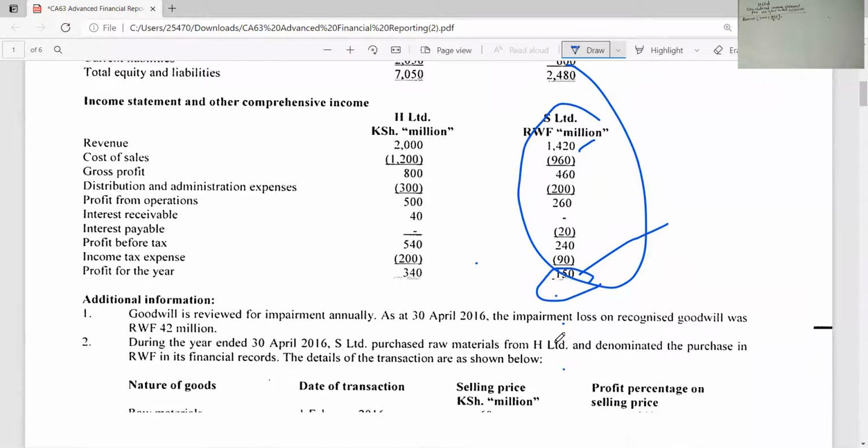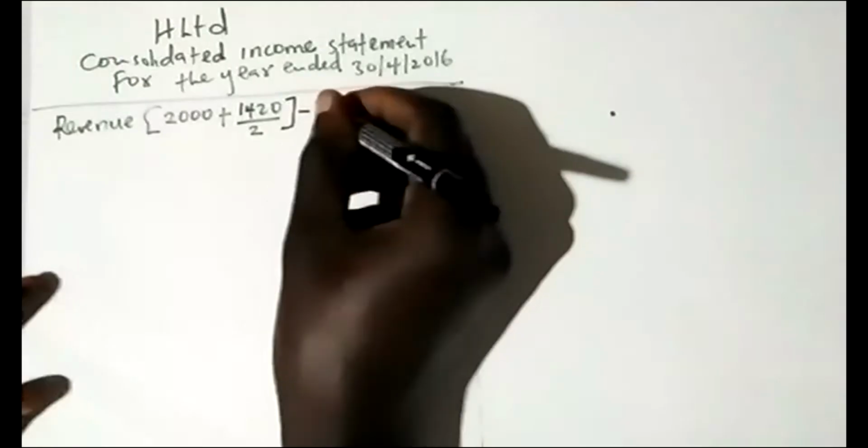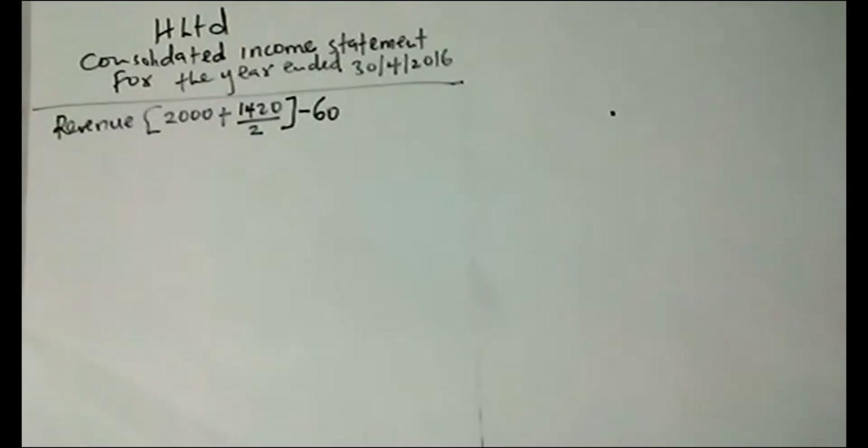We were told in note 2 that there was an intergroup sale of raw material of 60. That is the only figure I would subtract there. For revenue, subtract only intergroup sales between the parent and subsidiary.